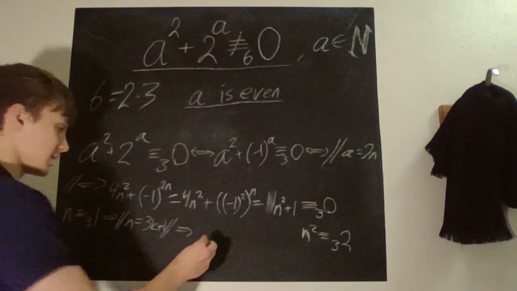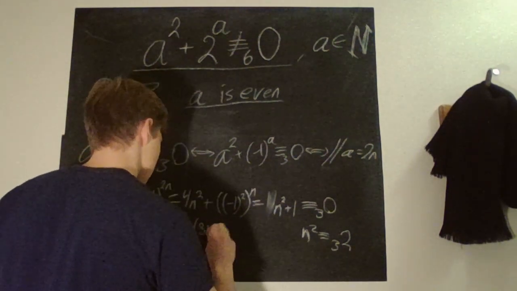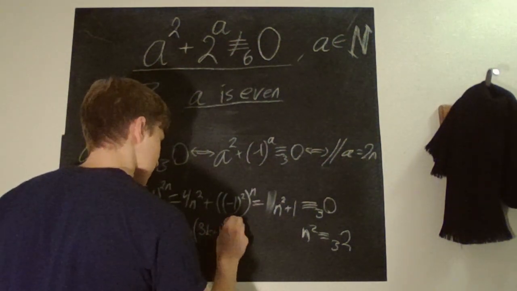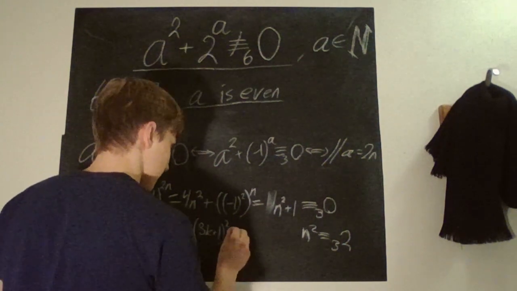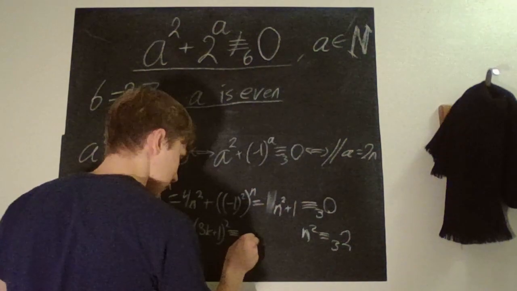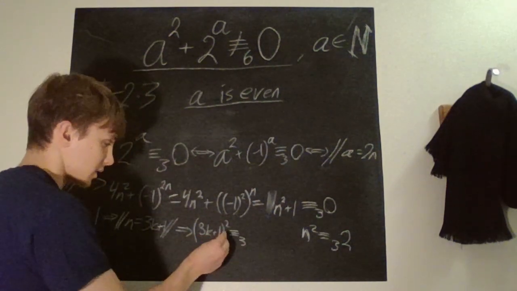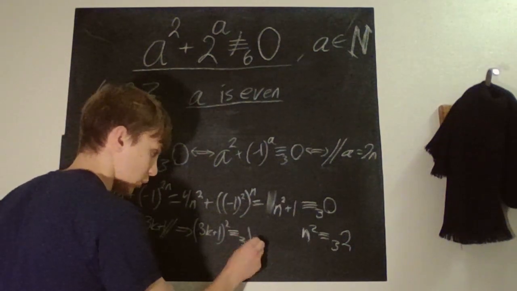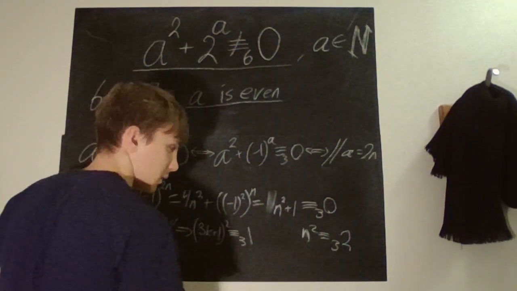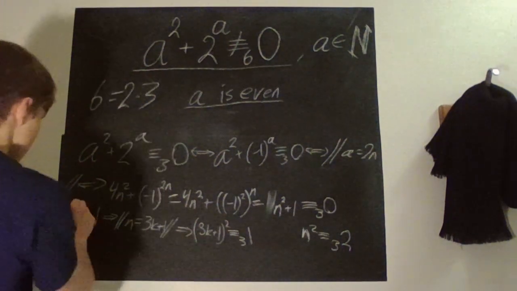Then we have 3k plus 1 squared, modulo 3. What is this? Well, all the terms with a factor of 3 disappear, so we just get a 1 left. And 1 is not equal to 2, not even in modulo 3. So this does not work.